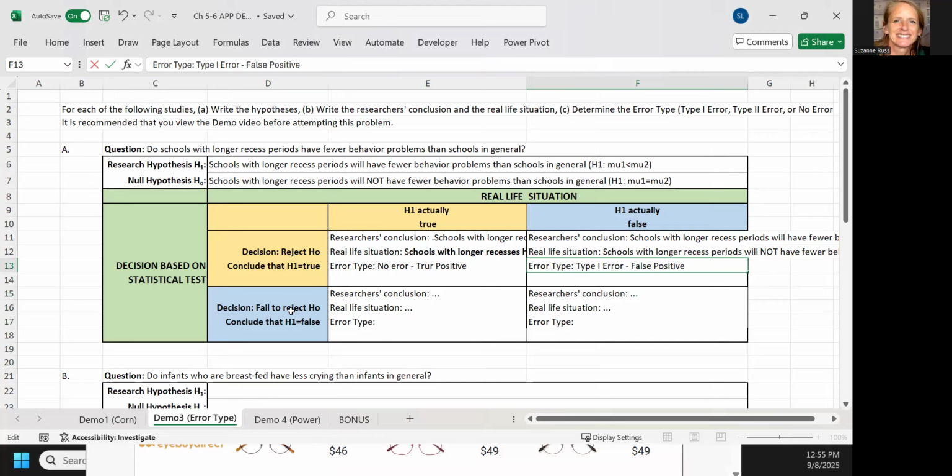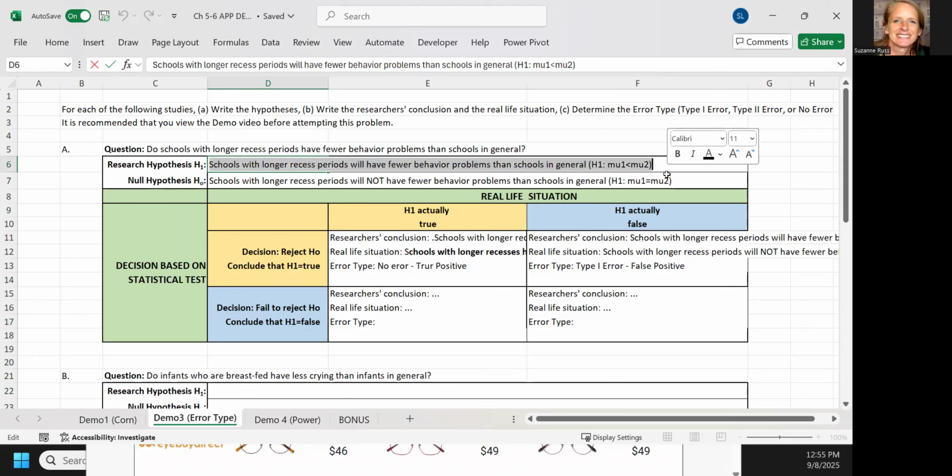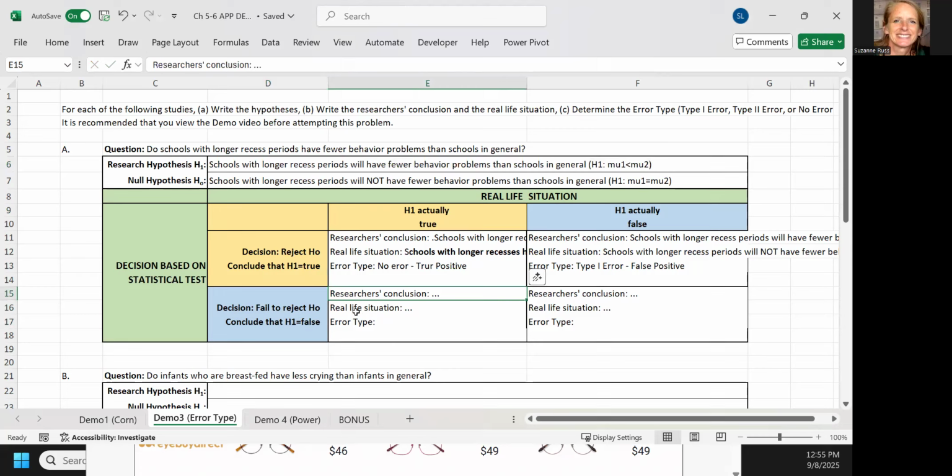All right, next, we have a situation where H1 actually is true. Schools with longer recess periods have fewer behavior problems, but the researcher concluded that it was false. And so in this case, we do have a discrepancy. We have this as the real life situation. Double clicking in there, and we'll paste it in.